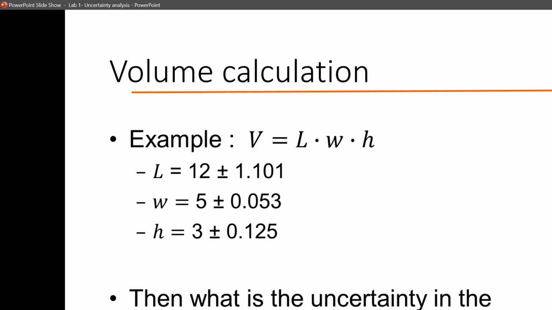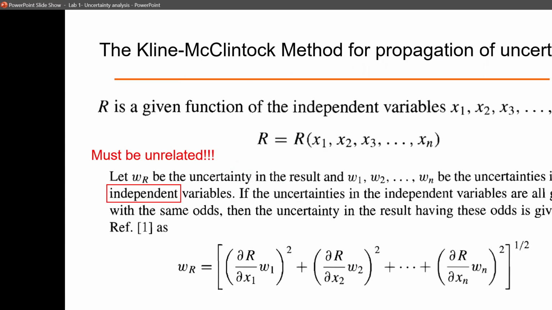But how do we calculate the propagated uncertainty? There are different methods, but the method that we want to focus on is called the Kline-McClintock method, which essentially tells us the propagated uncertainty can be calculated using this equation. But there are a couple of requirements that need to be met before we can use the equation.